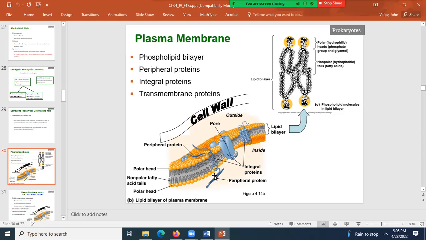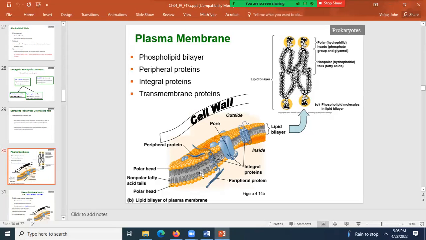It's mainly made up of the molecule phospholipid, and we have two layers of phospholipid molecules, which make up the lipid bilayer of the plasma membrane. What gives the membrane the ability to select what molecules can come in and what can come out is the fatty acid portion of this bilayer.